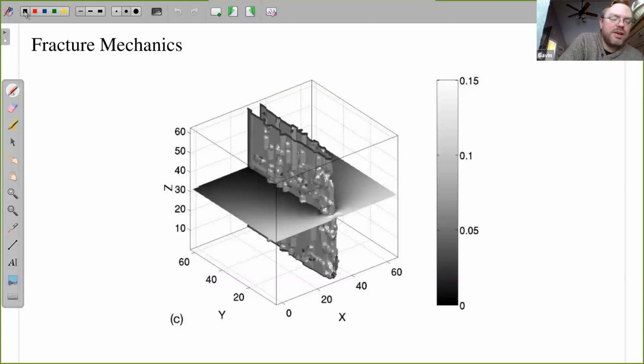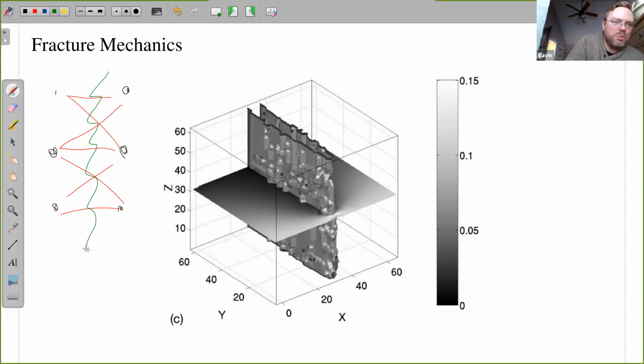And the reason is, if you consider, let's say, a two-dimensional example here. Let's imagine we have a bunch of springs in our system, and we want to put a crack in between here. Then we're breaking a bunch of different bonds at once. We're breaking these ones that are in line like this first, and then we would break the diagonals.